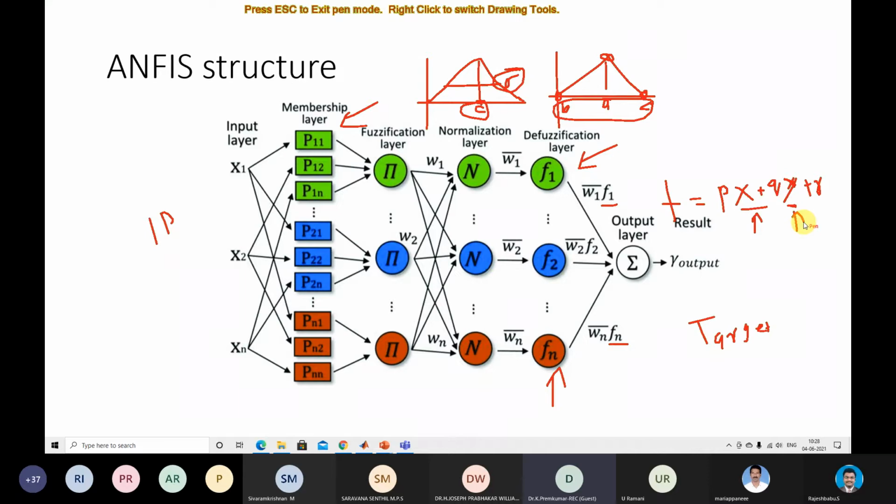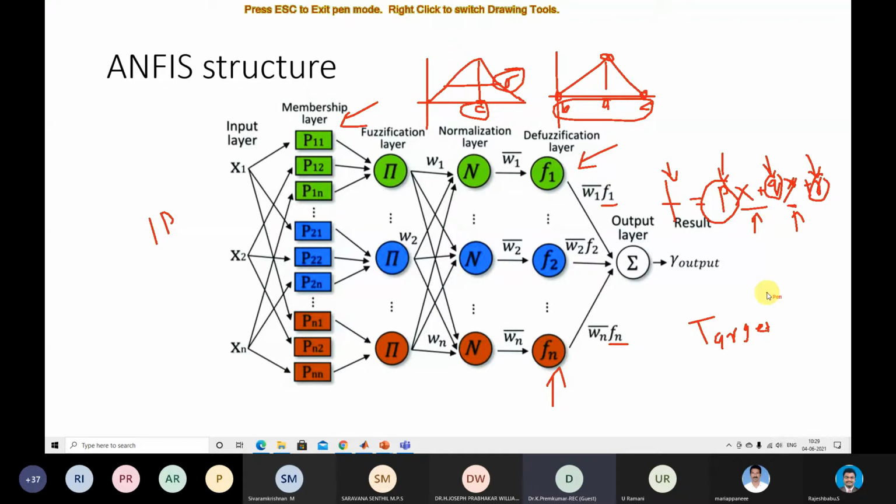Okay, so this is the output in the defuzzification layer for each neuron, right? Here you can see that there are also tunable parameters, namely p, q and r. So these parameters are going to be optimized in the defuzzification layer by means of a neural network algorithm, right?